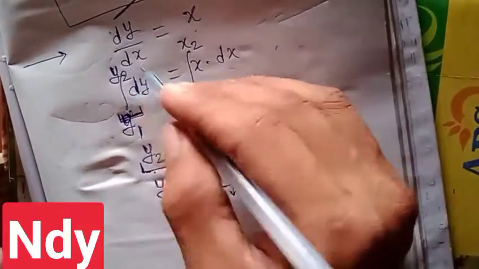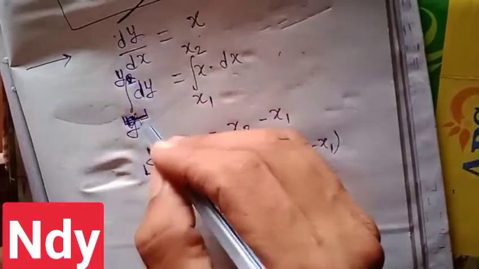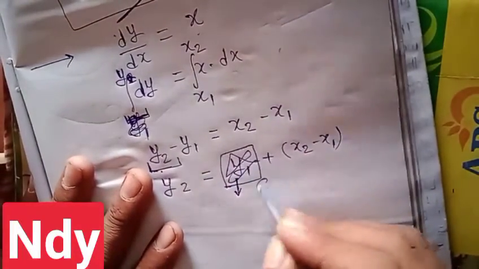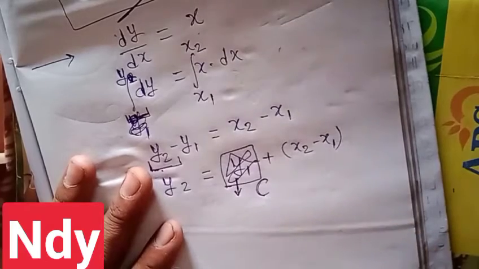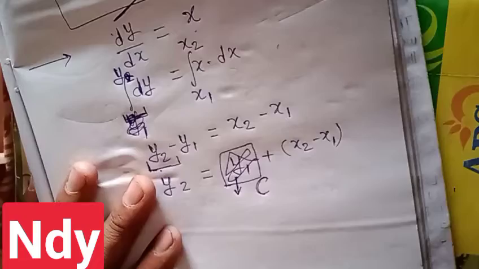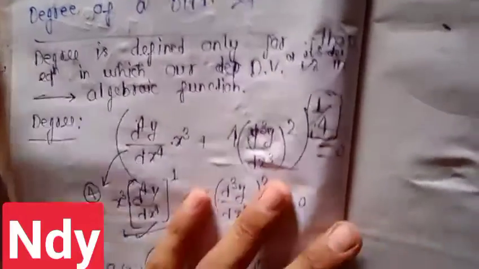If we integrate this in general without any limit, then we write c, an arbitrary constant, and we have discussed what we mean by an arbitrary constant. So we need one condition. If the differential equation has order n, we have to perform n integrations.